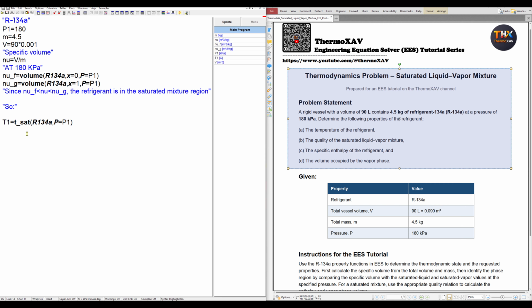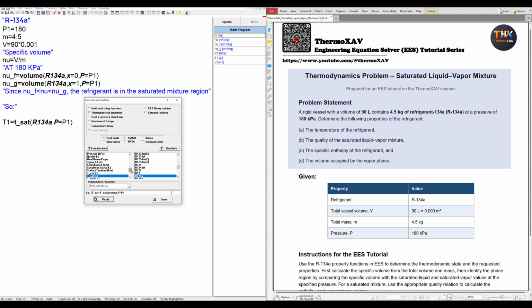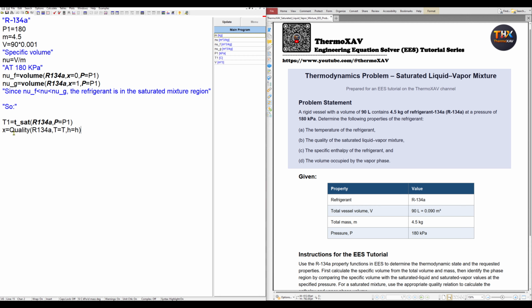So I can go to the equation window again. Here I have determined the temperature of the refrigerant, and now I'm going to calculate the quality of this refrigerant in this region, the saturated liquid-vapor mixture. Here also I can go to the function information and find the quality, which is here. I will select the quality and paste it here.